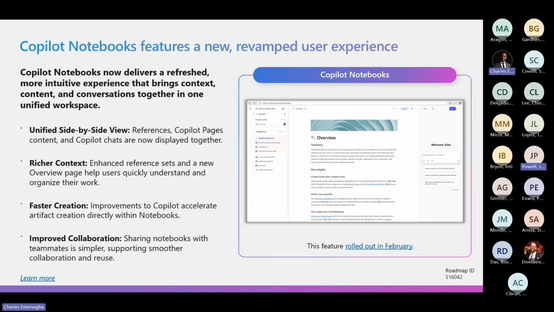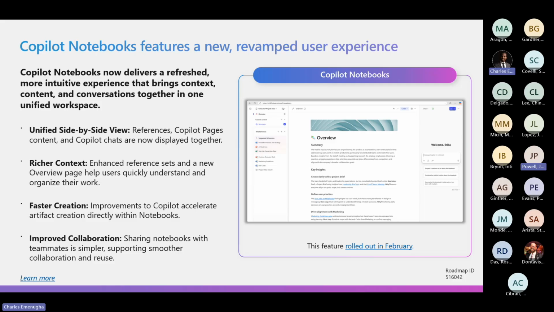Now, the cool thing here is that Copilot Notebooks also introduces richer reference sets, as well as a new overview page, which helps users quickly understand what's included in a Copilot notebook and how everything fits together. In addition, Copilot now supports faster artifact creation directly within notebooks, thereby reducing the friction between exploration and output.